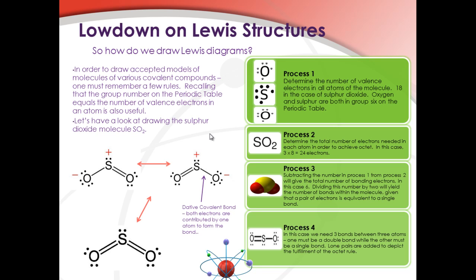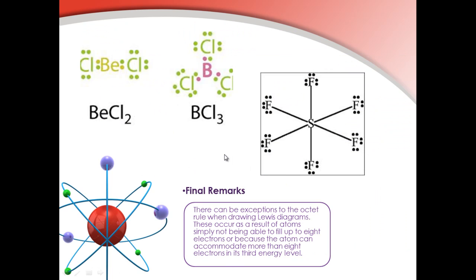There's a little bit of a rundown on how to draw Lewis diagrams. If we stick to the process, we can't go wrong. There are of course exceptions to every rule in chemistry, but at this level we won't be giving you too hard a problem. I've given you some examples here to the octet rule. For example, beryllium's in group 2 on the periodic table. It's got 2 electrons in the outer shell.